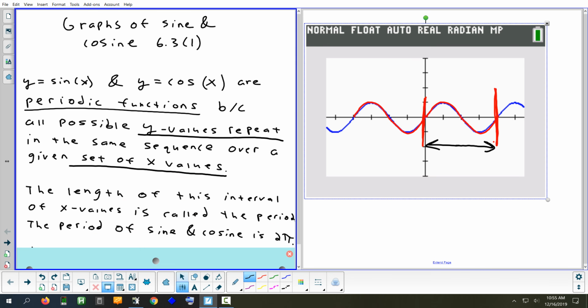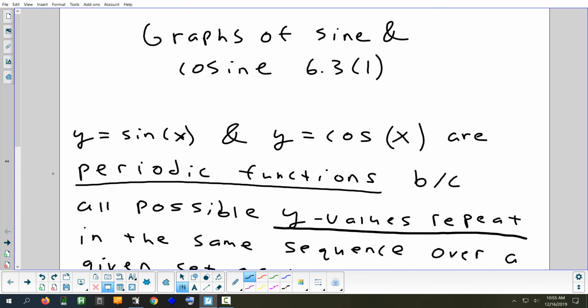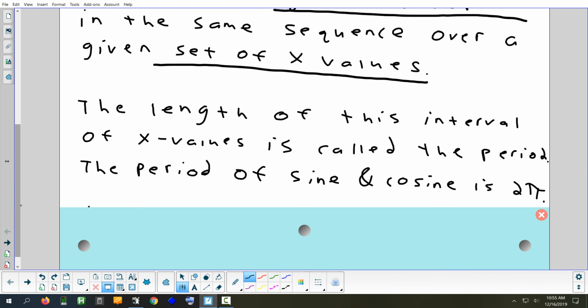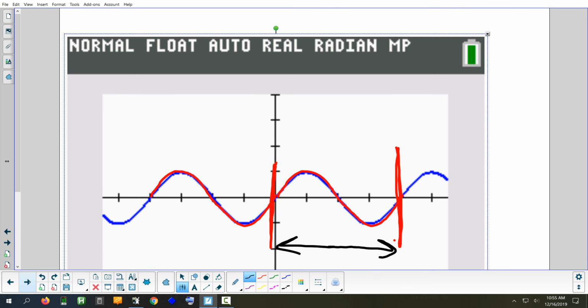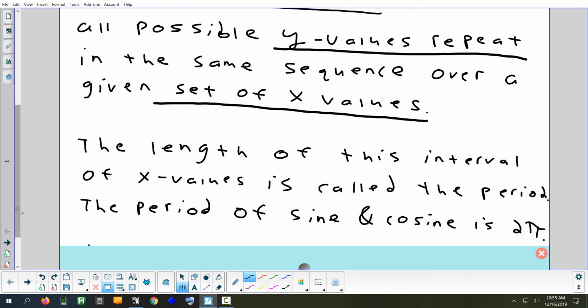So, the length, let me make this bigger so you can see it. The length of that interval that I drew in black, right there, from left to right, that is called the period of a sine or a cosine function. Okay? It's how far you have to go on the x-axis before your graph repeats itself. This is the normal period of a sine and cosine function if you don't mess with it at all.